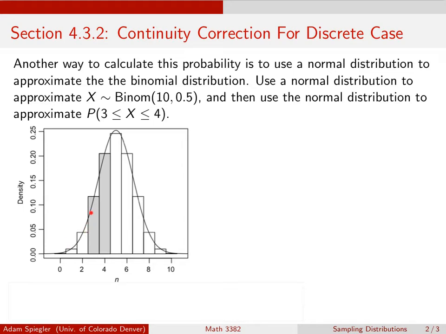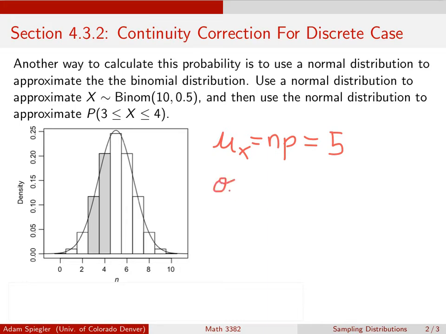But we can approximate this binomial distribution with a continuous random variable using the central limit theorem, using a normal distribution. This random variable x has a mean equal to n times p, which would be 0.5 times 10. So we would expect, on average, to get 5 heads out of 10 if the coin is fair.